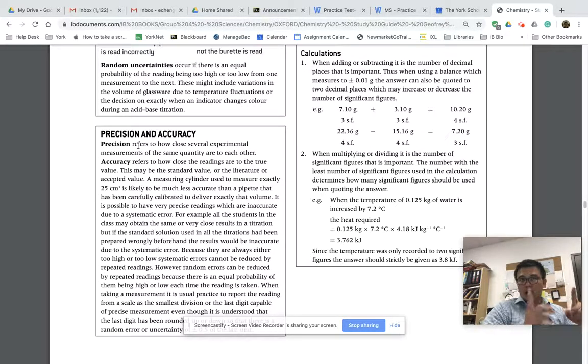So if your thermometer reads 100 all the time, then it's both accurate because it reads the accepted value 100, as well as precise, because every single time it's 100. Now, if your thermometer is consistently 0.2 off, so your boiling point ends up 99.8, it's not accurate. It's close though. It's not accurate, but it's very, very precise because it's always like that.